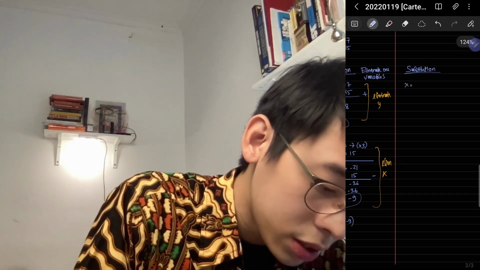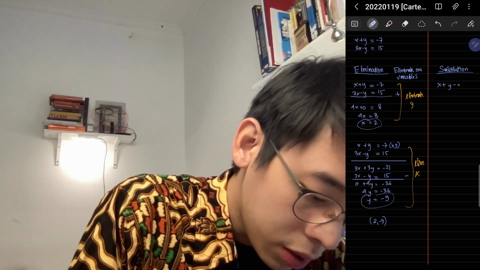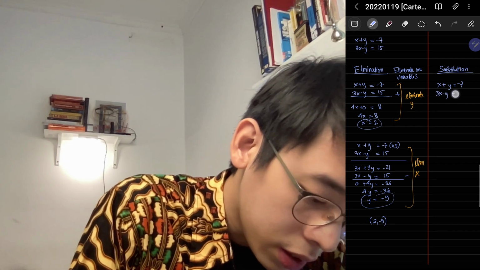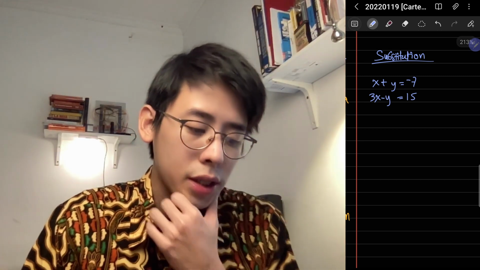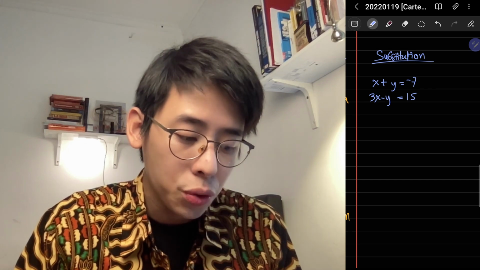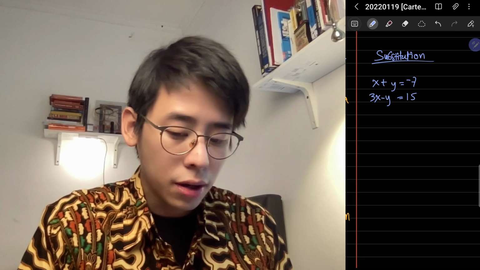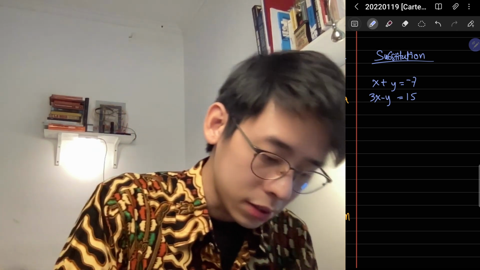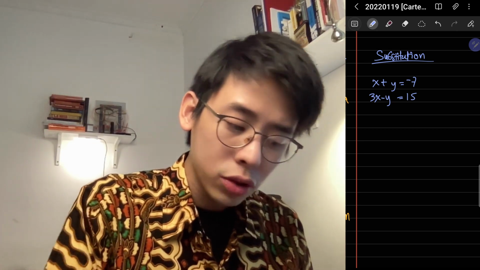All right, the next one is substitution. Substitution looks like this: x plus y equals minus 7, 3x minus y equals 15. Basically substitution is a little bit similar to elimination, but in this case you eliminate a certain variable by substituting it. For example, with x plus y equals minus 7, we want to substitute y.